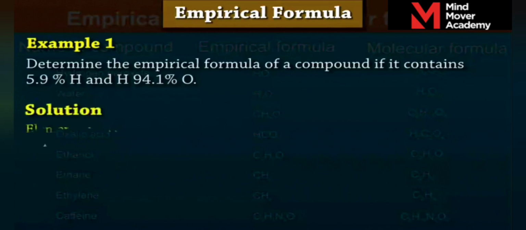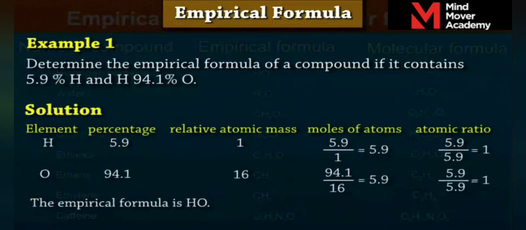Let us make a table with columns: element, percentage, relative atomic mass, moles of atom, and atomic ratio. Elements present in our given compound are H and O, and percentage given in the question is 5.9 for hydrogen and 94.1 for oxygen. We know relative atomic mass of hydrogen is 1 and that of oxygen is 16. Dividing percentage by relative atomic mass, we will find the moles of atom.